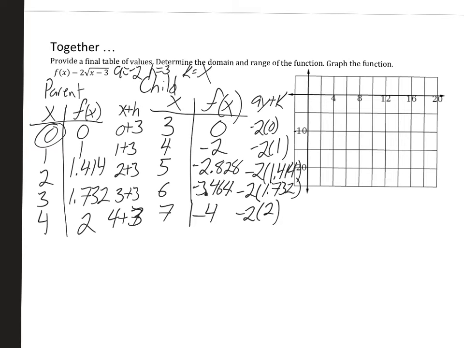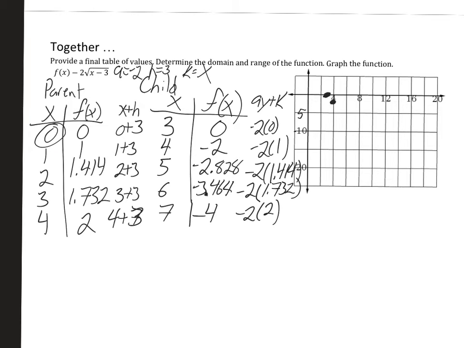Okay, so I'm going to go ahead and just graph these points. So we're going over to 3, so it looks like everything on the x-axis is going by 2.5. So that's 3, and then 0. So I'm going to put a dot right here. For 4, I'm going over to 4, and then I'm going down 2. It looks like 2 is somewhere right here, because everything's going by 5.